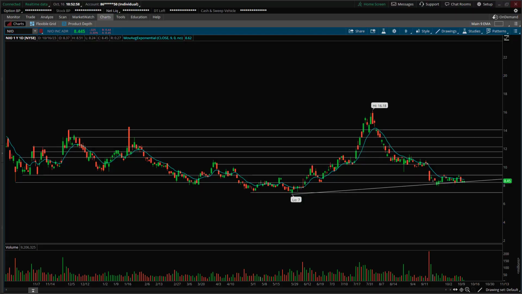You can see that NIO is a really heavily traded stock, really popular for day trading. I personally don't know the fundamentals on it, so that would be something to do your research on. But you'll see it's in a downward channel right now. This line right here is the 9 EMA, a shorter term momentum line. When price starts riding above it, that would be bullish.